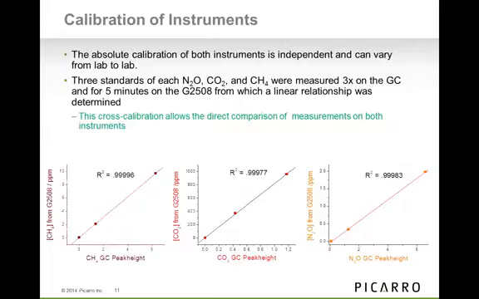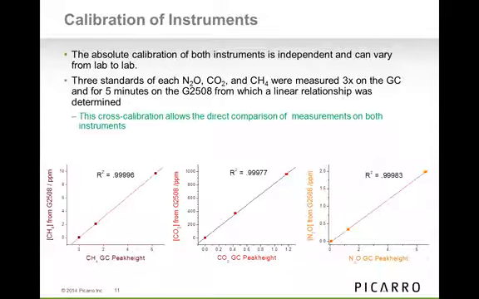So now that we know what the instruments are going to look like and what they measure, we want to be able to put them on the same exact axis, which is actually the most important part, since calibration of both instruments is independent and can vary from lab to lab and the practices that each person does.